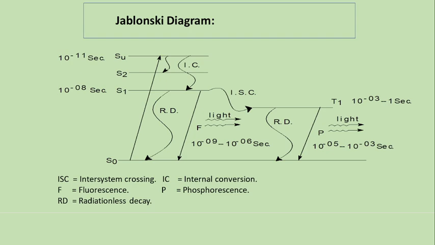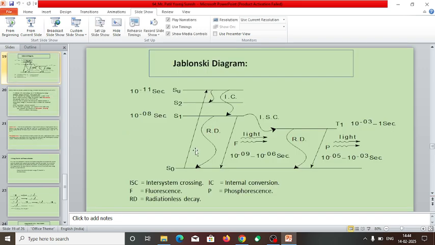Inter-system crossing is nothing but the molecule going from the S1 to the T1 level. From this triplet excited state the molecule comes to its ground level, that is S0, and the phosphorescence phenomenon occurs.